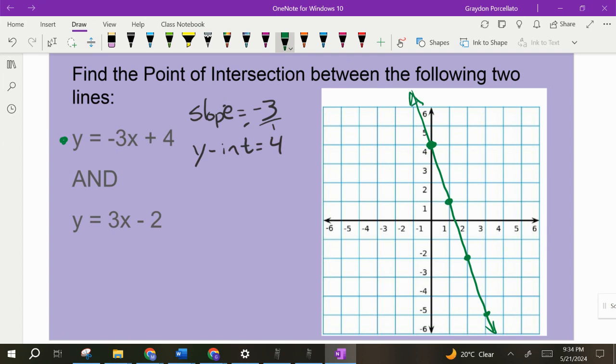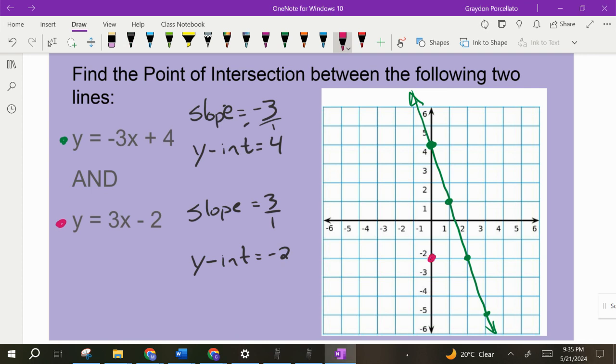My next one is a slope of 3 over 1 and a y-intercept of -2. So let's do this one in this purple pinkish color. So -2.